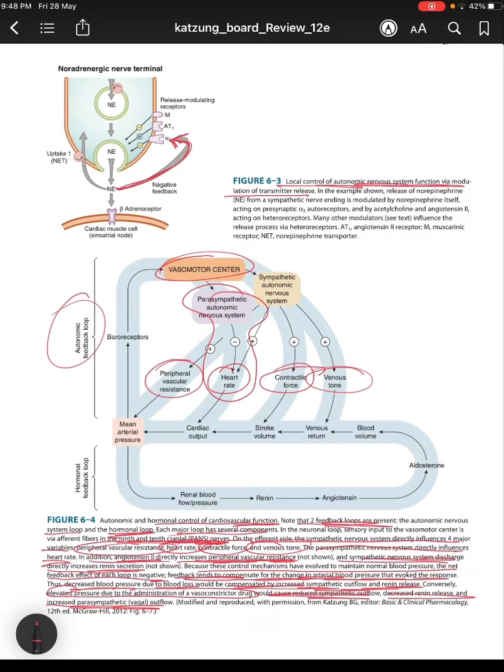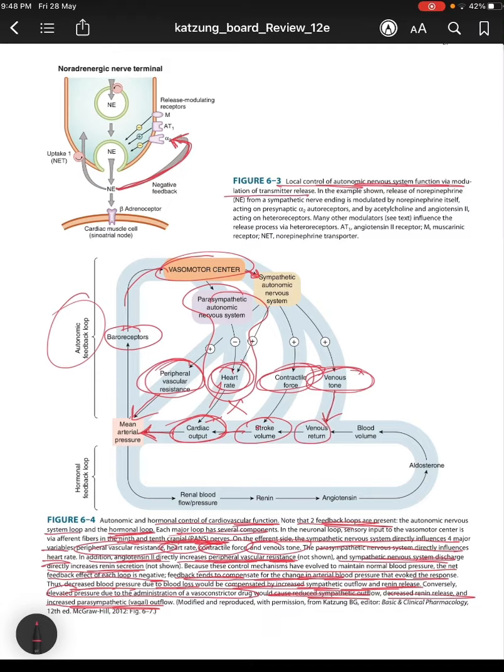Okay, so the vasomotor center has a proper set point. If it is activating the sympathetic nervous system, there are four things that can take place. Peripheral vascular resistance can be increased, the heart rate can be increased, contractility can be increased, and venous tone can be increased. Peripheral vascular resistance influences the mean arterial pressure, again regulated by baroreceptors. Cardiac output is equal to stroke volume times heart rate, and that in turn controls the mean arterial pressure.